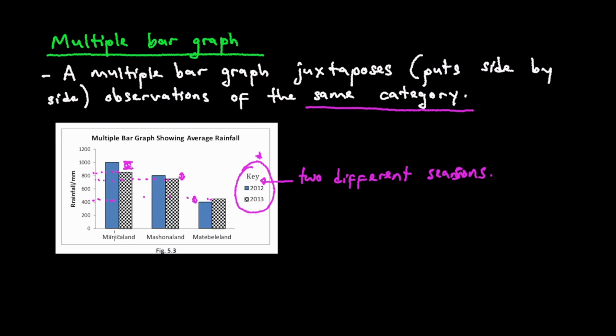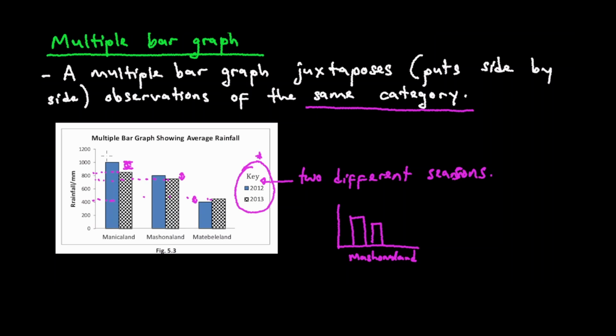The bars for different provinces, that is categories, but within the same category the bars are joined. You shouldn't write it like this, separating them like this for Mashonaland. No. If it is category 1, make sure the bars are joined, but for category 2, or province 2, make sure the bars are not joined to the first ones.